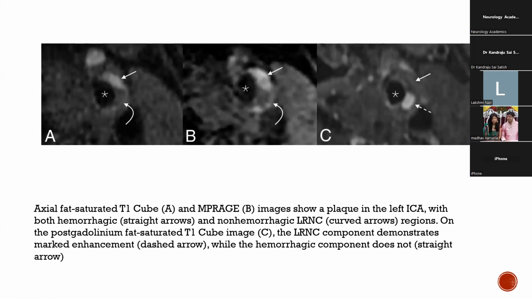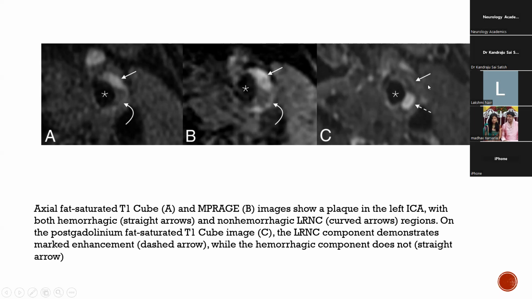So this is another example. Here we can see that this is a T1 fat saturated axial image. And here we can see that there is a hyper as well as a hypointense signal. And the second image is again T2. So this is the right ICA as well as the left ICA.